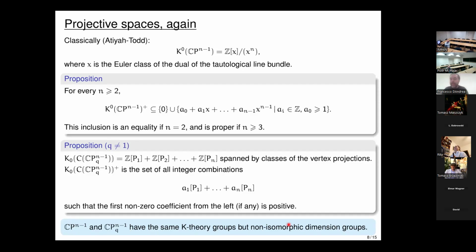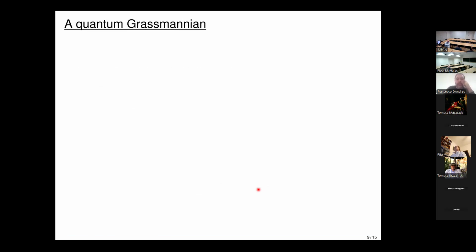And you can prove it by contradiction. You assume that there exists an isomorphism of abelian groups which maps one positive cone to the other one, which maps the class of the unit to the class of the unit, and you show that you get some contradiction.